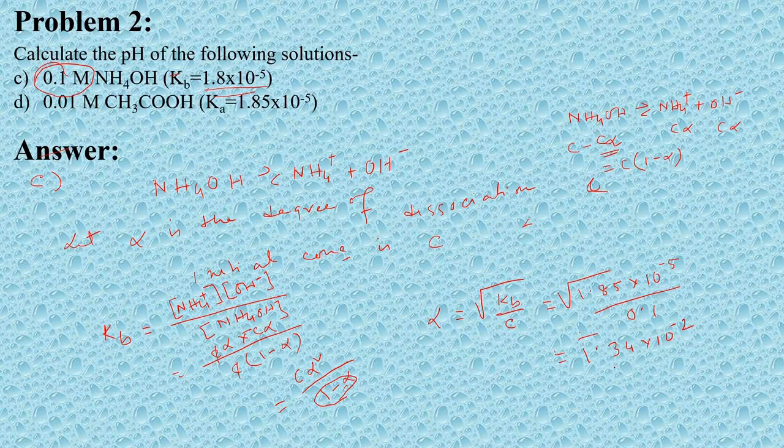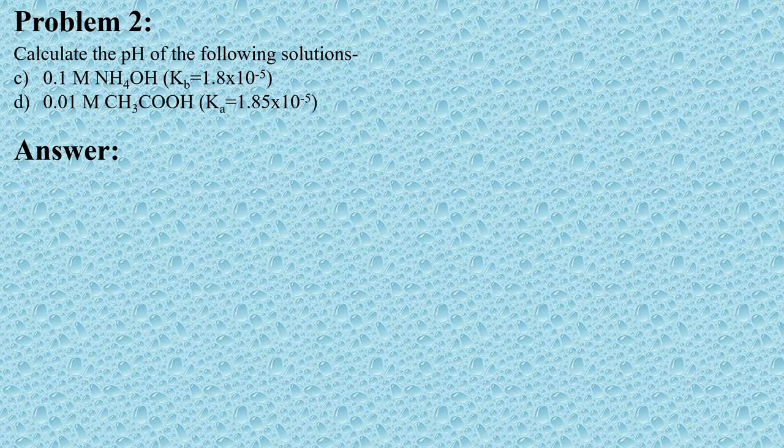Once I identify alpha, then we can identify C alpha, that means the OH minus concentration.